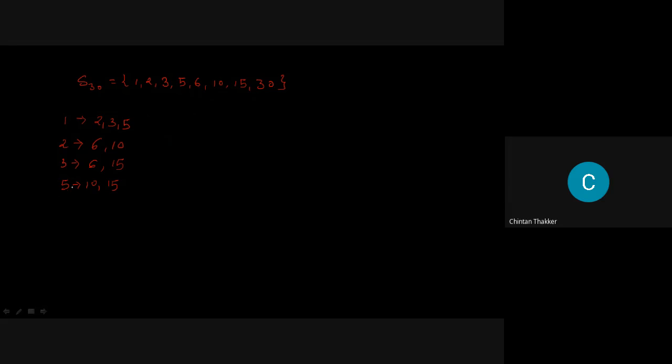Then what is the cover of 6? 6 divides 30, so the cover of 6 is 30 only. Cover of 10 is also 30, cover of 15 is also 30, and the last, 30, does not have a cover because it is a maximal element, that is the I element.